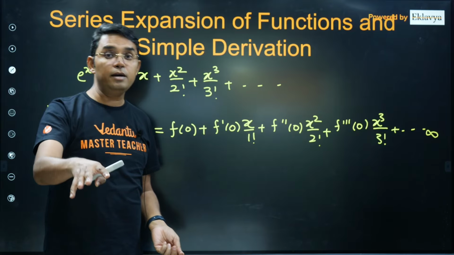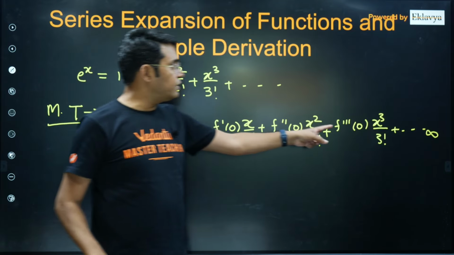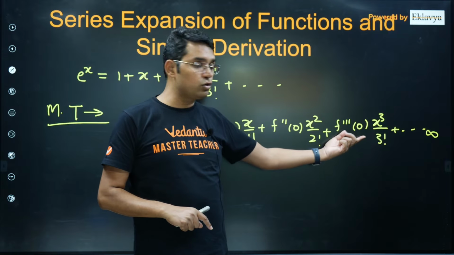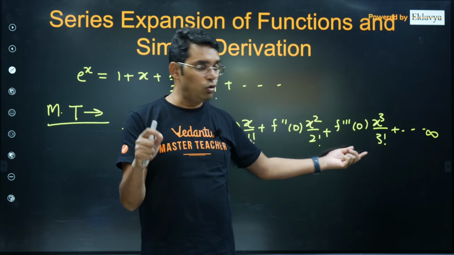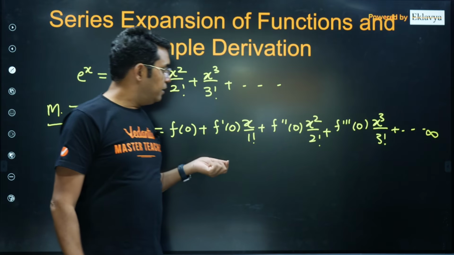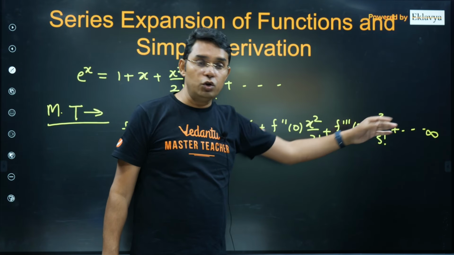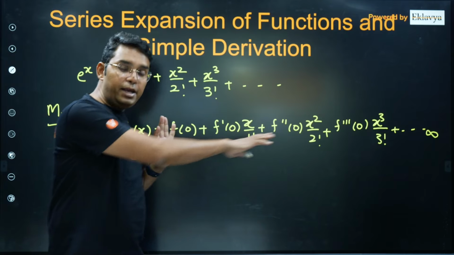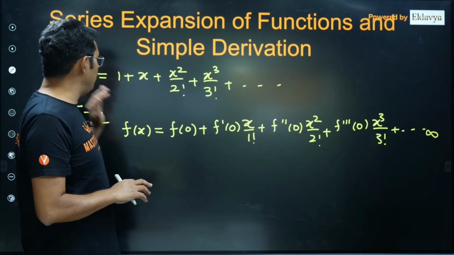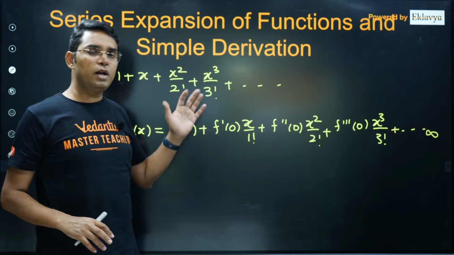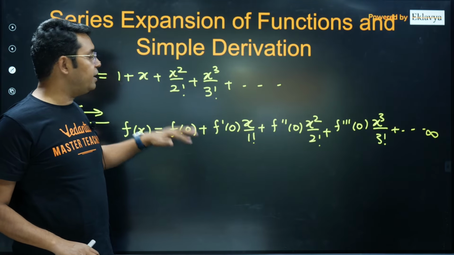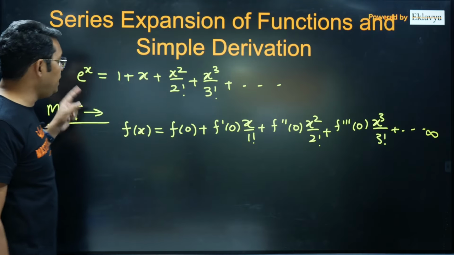If it is actually a polynomial, you can see after certain differentiation its derivative has to be equal to 0. So at that point, all the derivatives will become 0. So it will be exactly equal to that polynomial. But suppose it is e power x or sin x or ln x, then it will be closely related to that thing. Now you can see e power x.